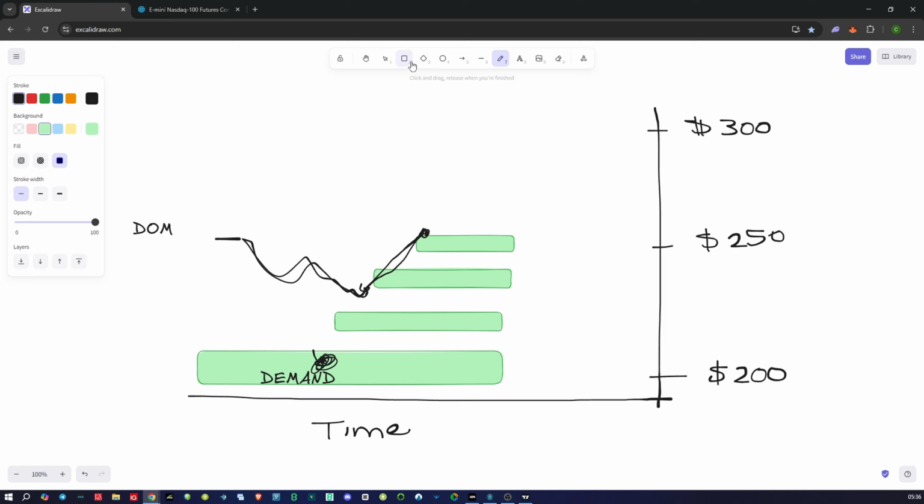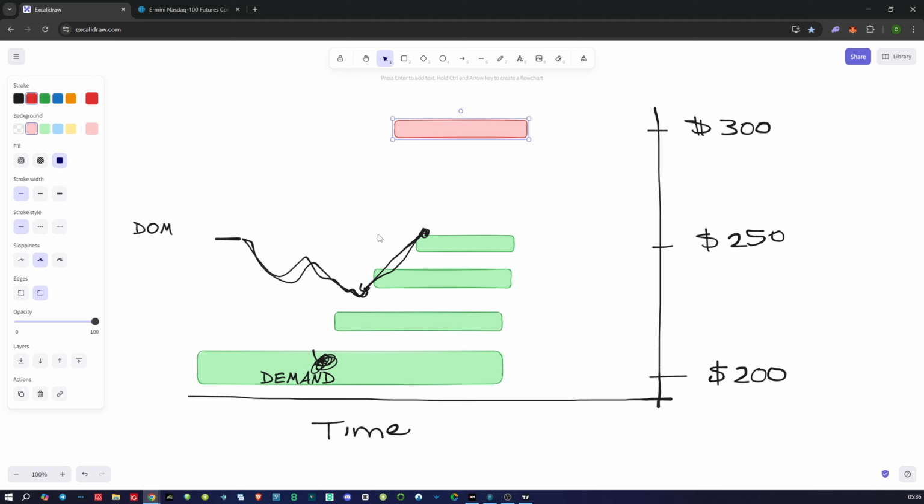Now, going to the sell side of it, the supply. If there's a supply at 300, so basically a lot of people owning these shoes, they put in some orders in the market at a price level of 300.